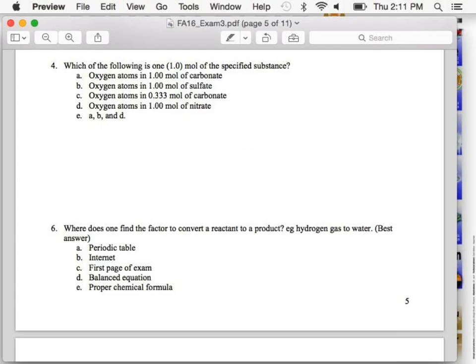Oxygen atoms. Okay. Oxygen atoms in 1 mole of carbonate. Oh, it says 1 mole, so that must be the answer. What is carbonate? CO3, technically minus 2. So if I'm given 1.00 moles of carbonate, how many moles of oxygen atoms are present? Mole of carbonate, moles of oxygen.